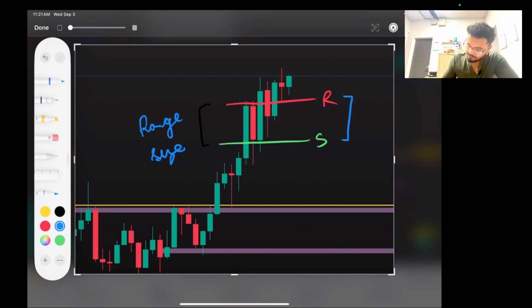The difference between your resistance and support will tell you the range size. Let's say if this is 40 pips. Now 40 pips basically means $4 of move, and this is just an example, so don't quote me on that. $4 of move.